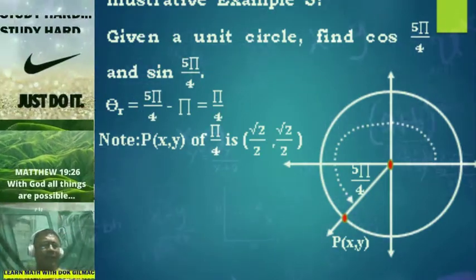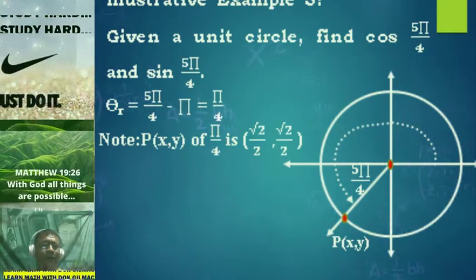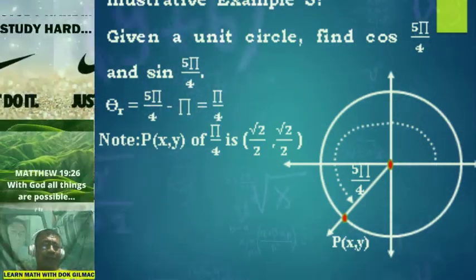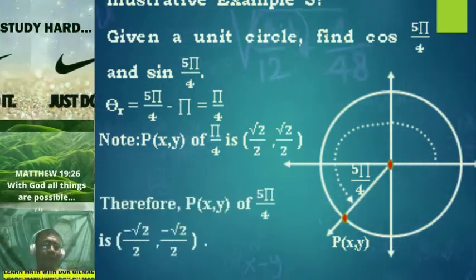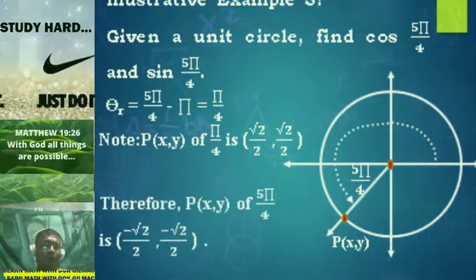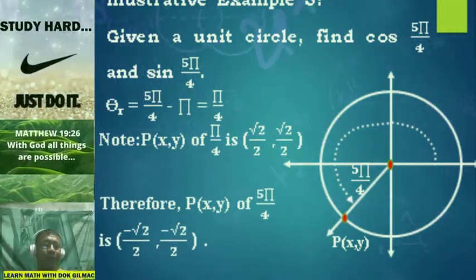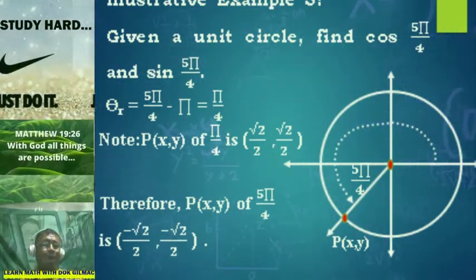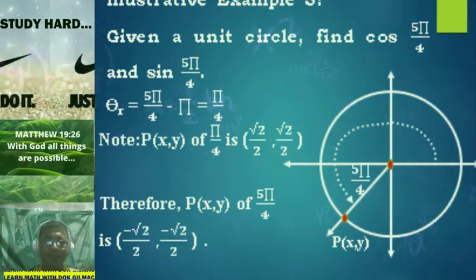Since the given theta is in the third quadrant, both values for cosine and sine theta are negative. So we have P of xy of 5 pi over 4 is negative square root of 2 over 2, negative square root of 2 over 2, since 5 pi over 4 is in the third quadrant.